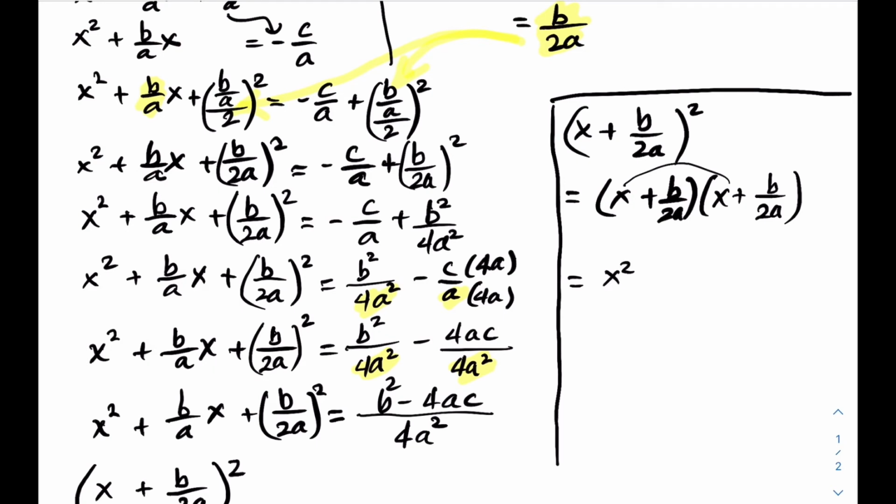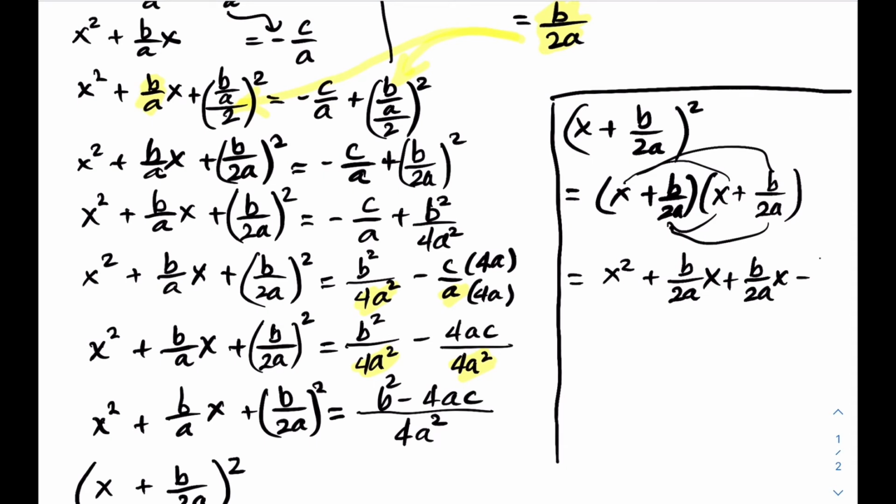X times x is x squared. X times b over 2a is plus b over 2a x. And the middle to middle, plus b over 2a x.